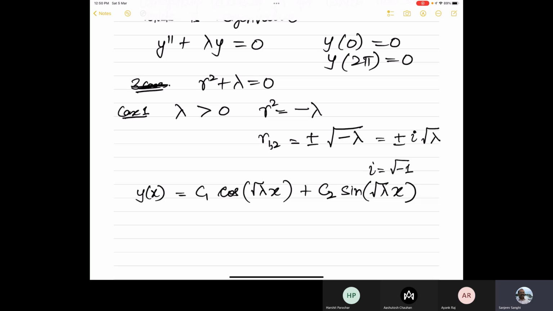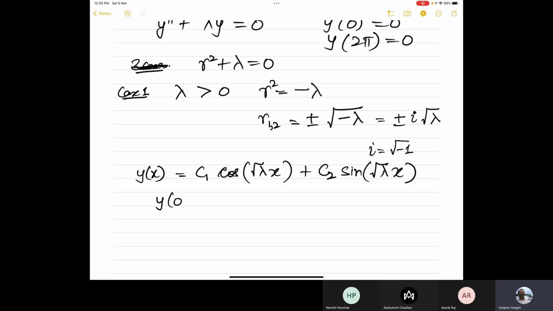And this we can write in the form of cosine and sine, because e to the power of ix is equal to cos x plus i sine x.